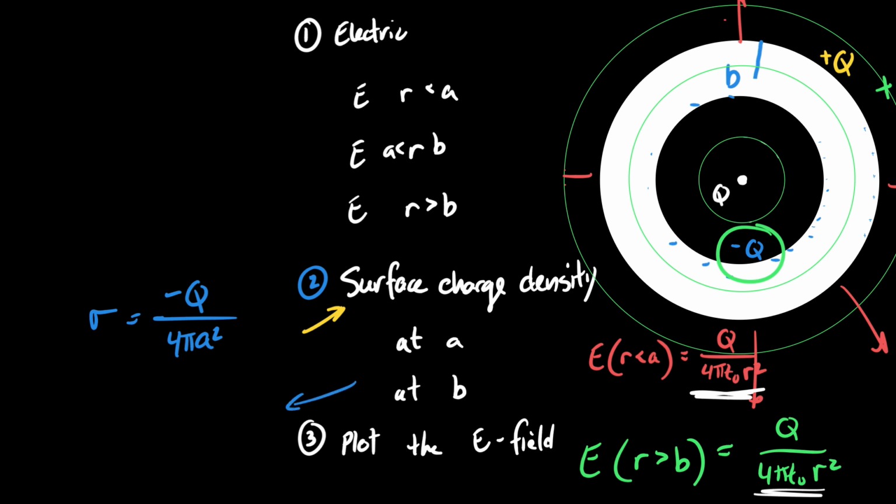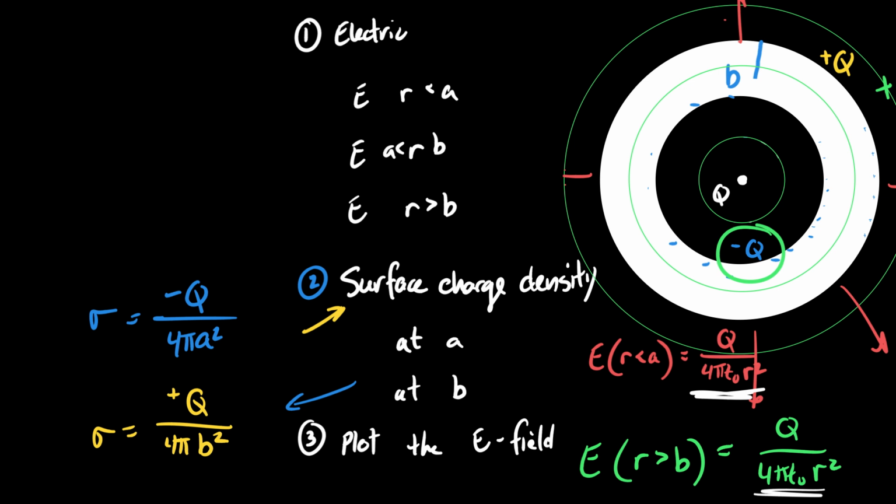At B, what do you think? What is the surface charge density at B? So it's got to be Q, positive Q specifically, over 4 pi what? B squared. That's right, the surface charge density at B. Now, which one has a higher surface charge density?